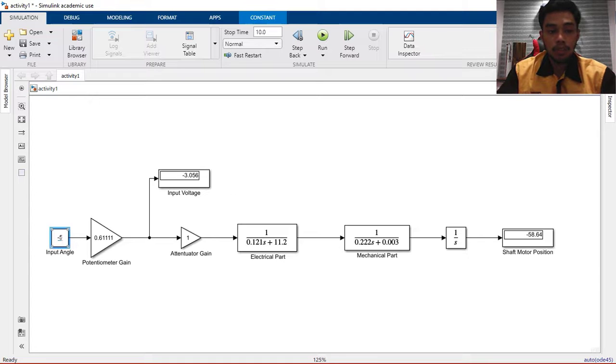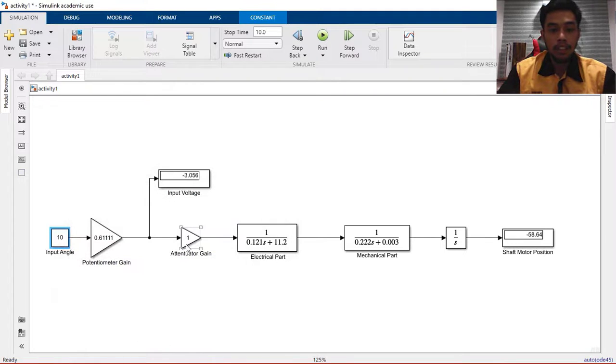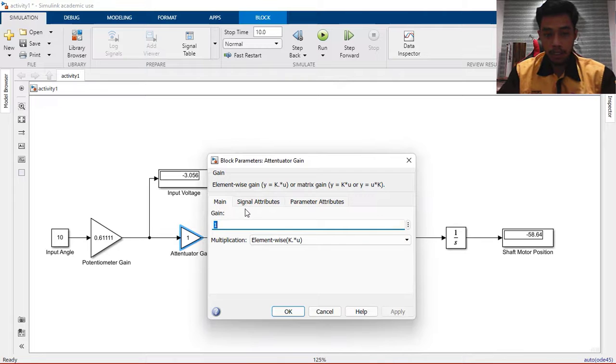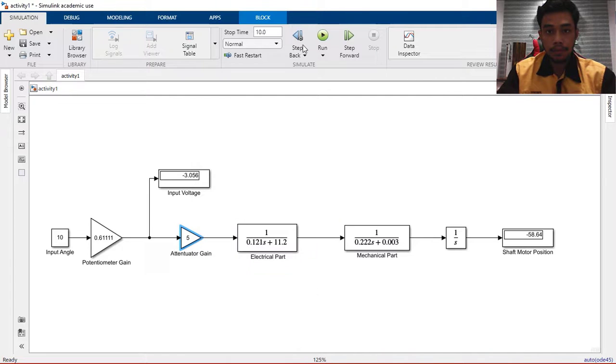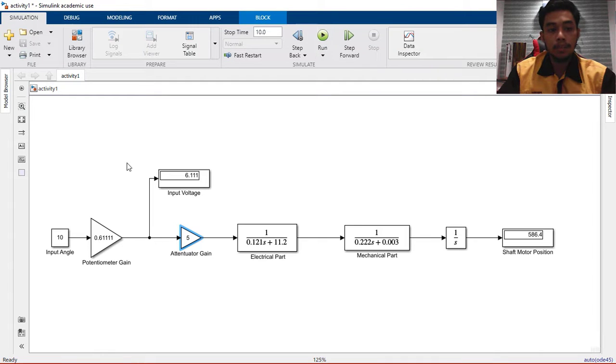Next, we set the input angle to 10 and the actuator gain to 5. This is for the clockwise position.